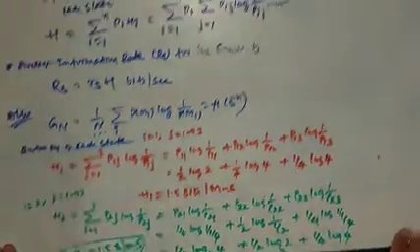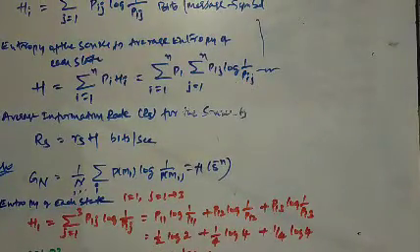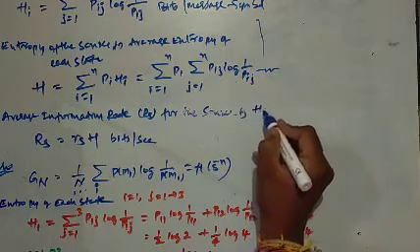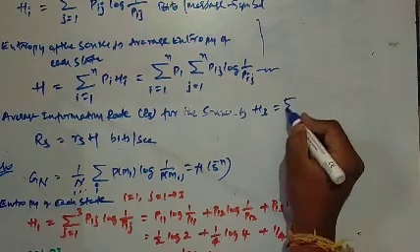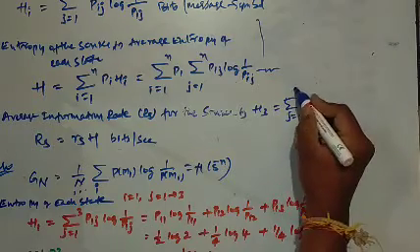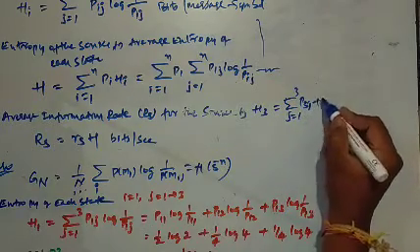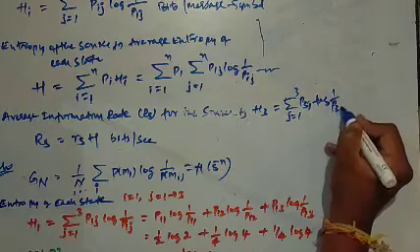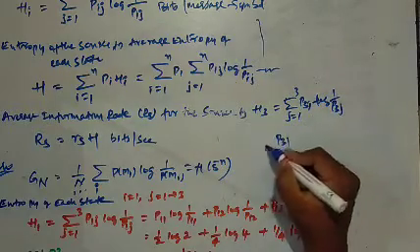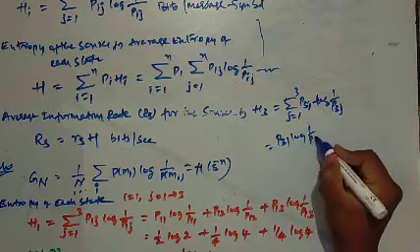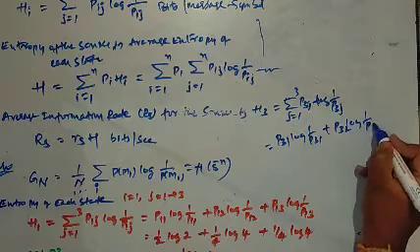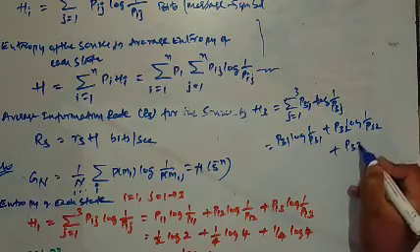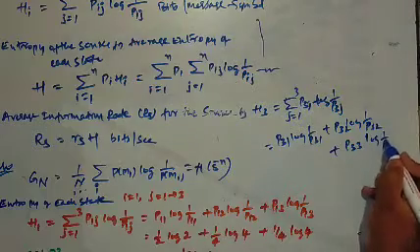Similarly, H3 I am writing directly. I can write the formula: summation J is equal to 1 to 3 of P3J log 1 upon P3J, that is nothing but P31 log 1 upon P31 plus P32 log 1 upon P32 plus P33 log 1 upon P33.